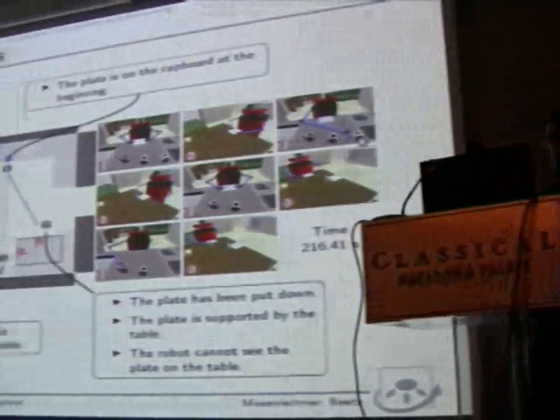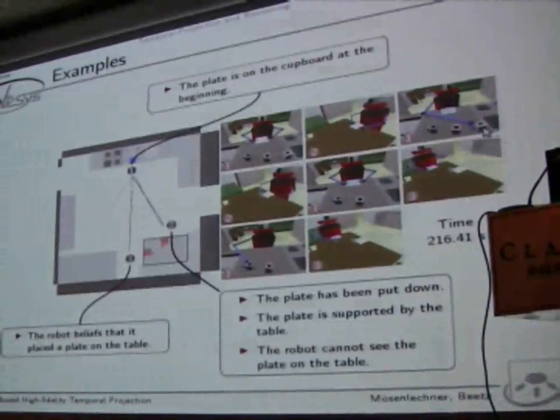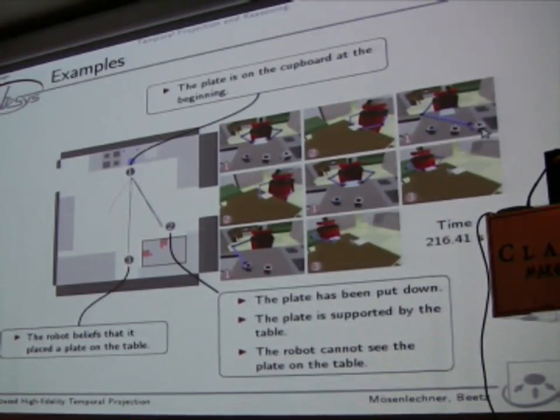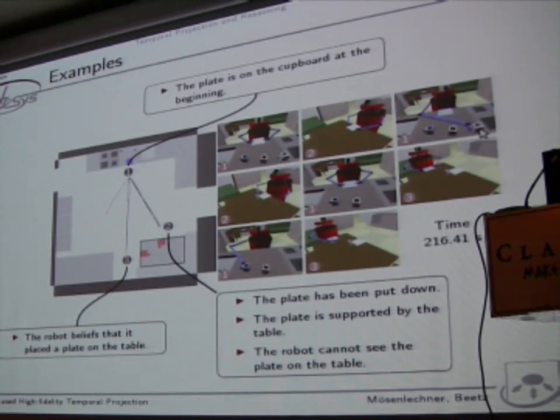So another example, this is some kind of an execution trace of a simple pick-and-place task, setting the table. In natural language, I show here some of the conditions we want to reason about.